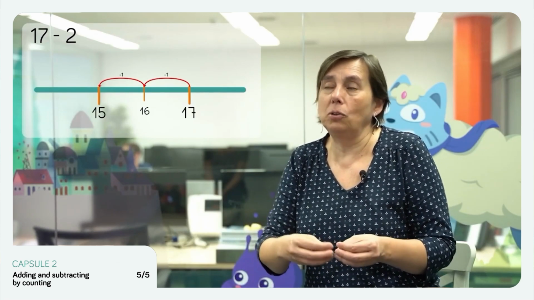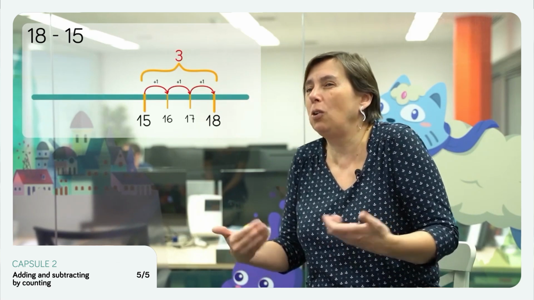If I had 17 cookies and ate 2, it's clear that when I ate the first one, I had 16, and when I ate the second, I had 15, right? But on the other hand, to subtract 18 minus 15, I won't use the example that I had 18 cookies and I ate 15 of them.